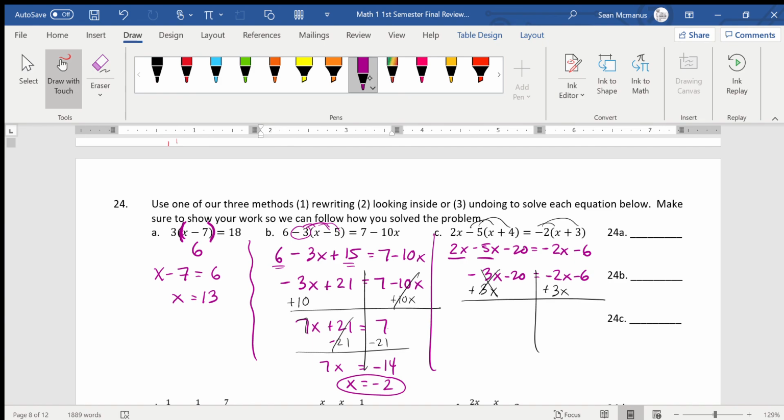So 3 minus 2, 1x minus 6 equals negative 20. And then to get the x all by itself, I add the 6. And that leaves me just with the x on this side, which is good. Negative 20 plus 6 is negative 14.